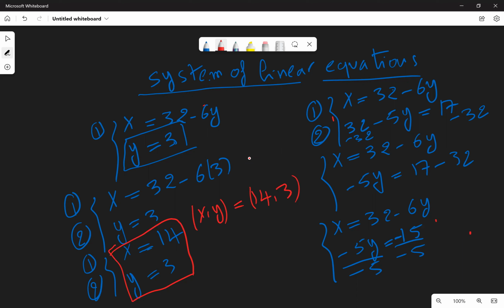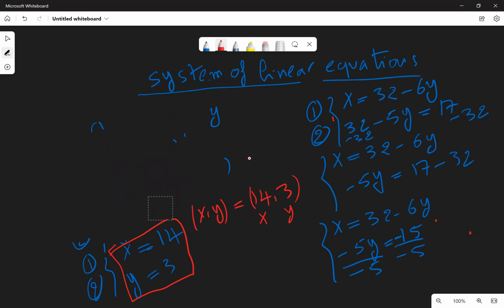And again, like I did for the first example, you can go back to the original equations and substitute 14 for x and 3 for y, and see if that satisfies both equations. I'm not gonna do that for this example. I'm just gonna go ahead and do another example.